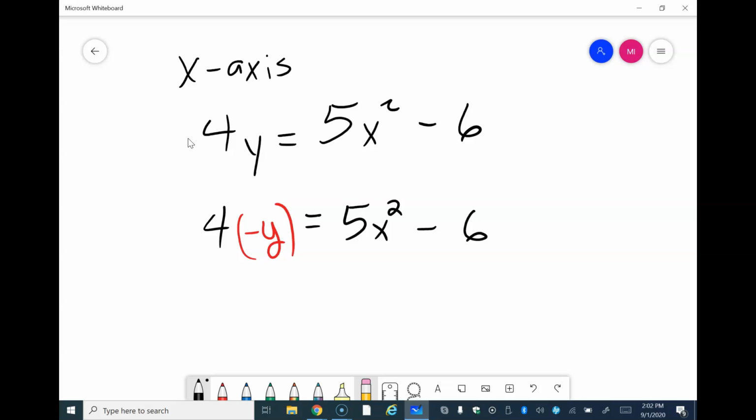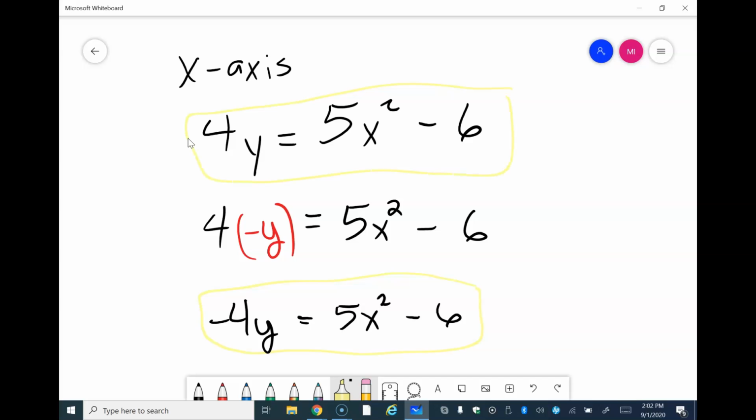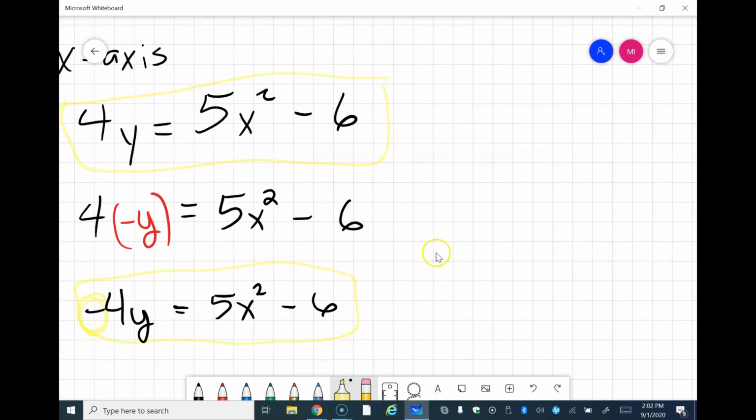If I multiply those together, I'm going to get a negative 4y. And I notice I can stop right here because this does not match my original one, because there's a negative sign here that's keeping it from matching. So this one is not going to be symmetric to the x-axis.